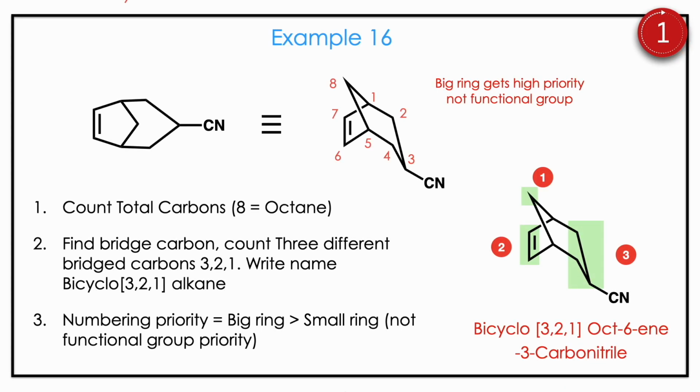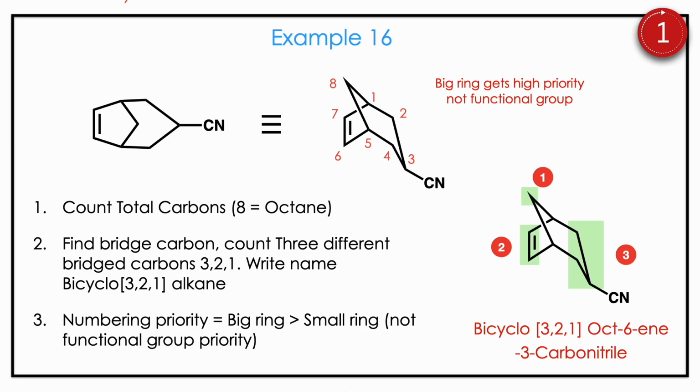Then example 16. Here you have a fused system. If you look at it, it has alkene and cyanide as the functional group. If you want to name it, you start from the higher ring to smaller ring. But at first, you should count total carbon atoms. Total carbon atoms are 8 and the numbering starts from the big ring.